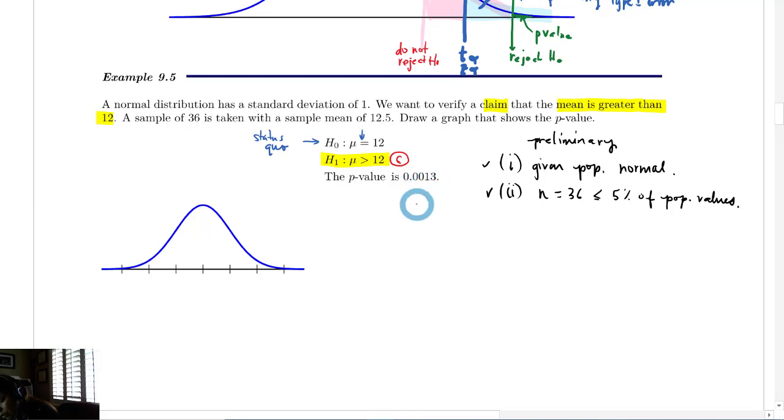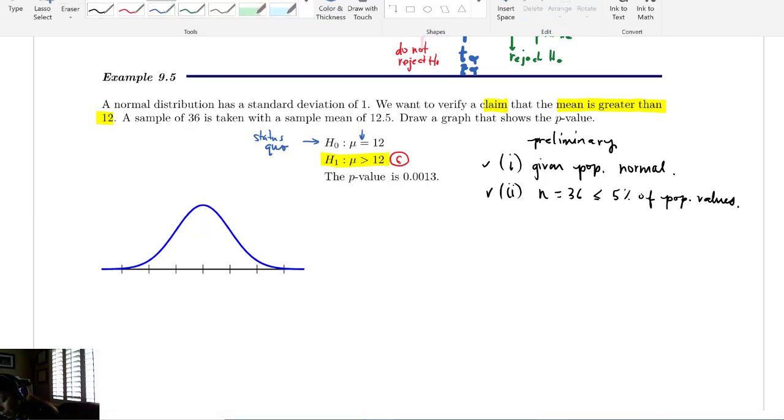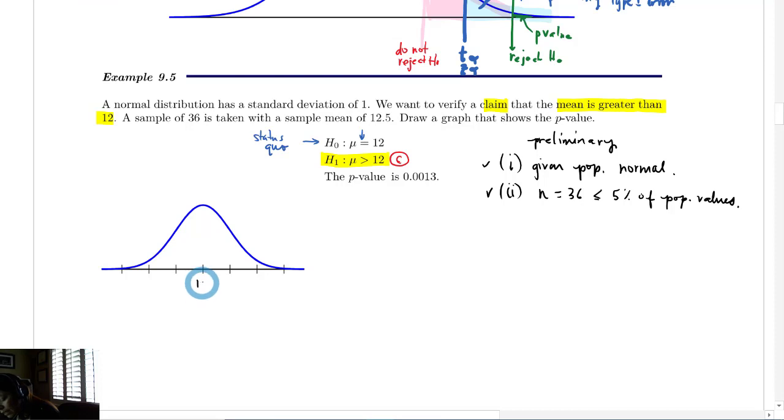So the first thing we want to do is go ahead and label the graph. So here's 12. If we're testing a mean, recall that the sampling distribution of the mean is centered at 12, and the standard deviation is the population standard deviation of 1 over the square root of the sample size.